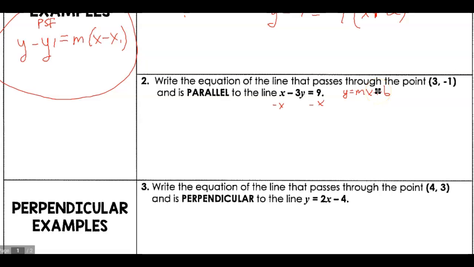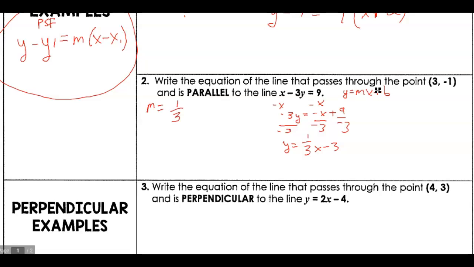So I'll move my x's to the other side, and that leaves me with -3y equals -x plus 9. And then I divide everything by -3. Notice my two negatives cancel there. That leaves me with y equals 1/3 x minus 3. So again, what is my slope? The slope I am using is 1/3.